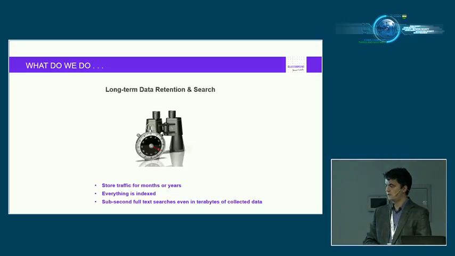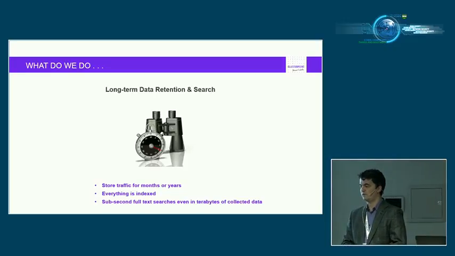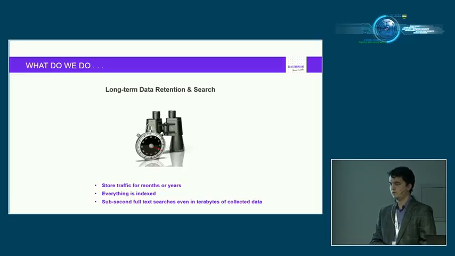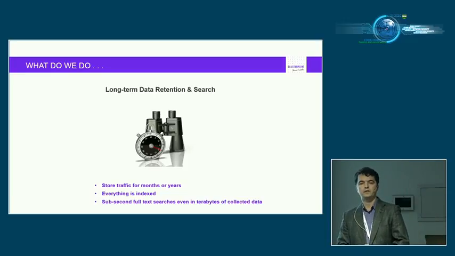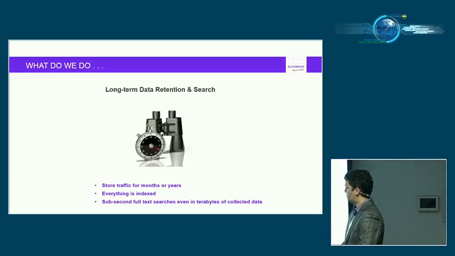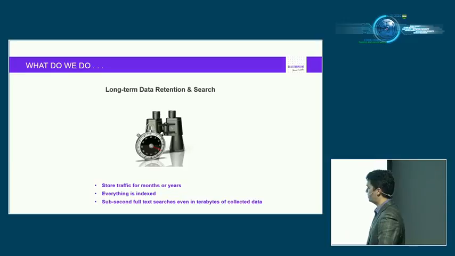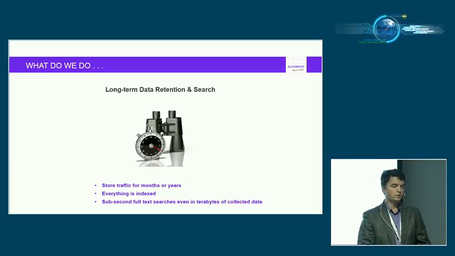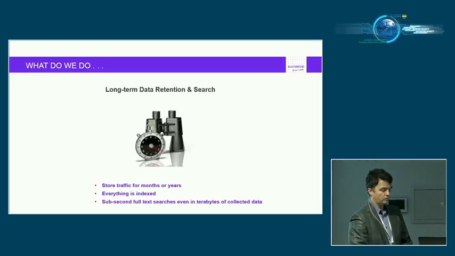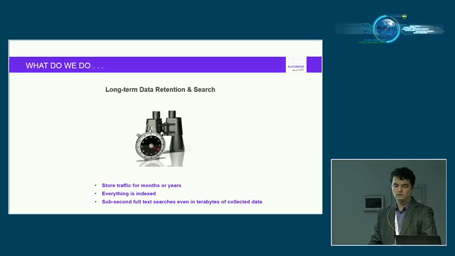Within the system, pretty much everything in the collected data is indexed. All the bits and pieces that we capture, starting from contents of web pages, documents, emails, down to user information, IP addresses, timestamps, MAC addresses, statuses, protocols, whatever we can capture and understand from the traffic, we index, and therefore we make it searchable.